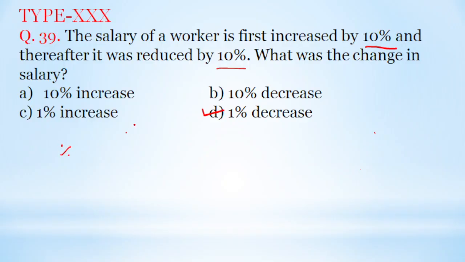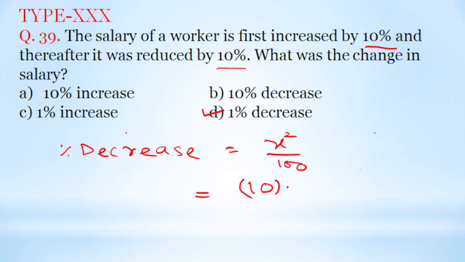Then percentage decrease is equal to x square by 100, where x is the common increase or decrease percentage. So here the common increase or decrease percentage is 10. So it is 10 square by 100. So that is equal to 100 by 100, which is 1. That means that is a decrease of 1%. That means your option D is the right answer.